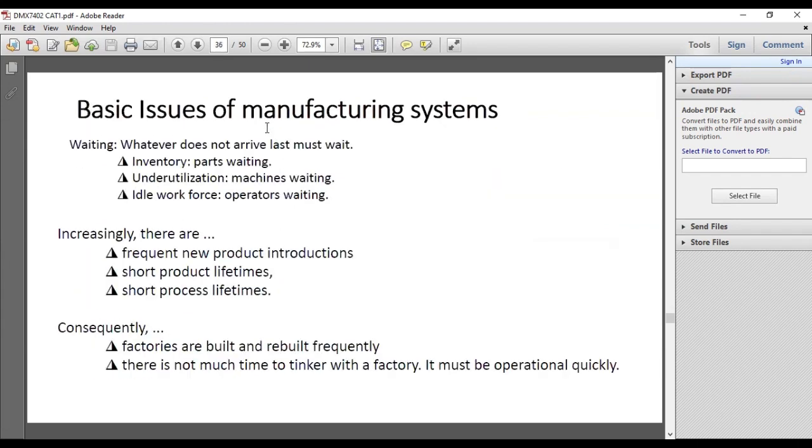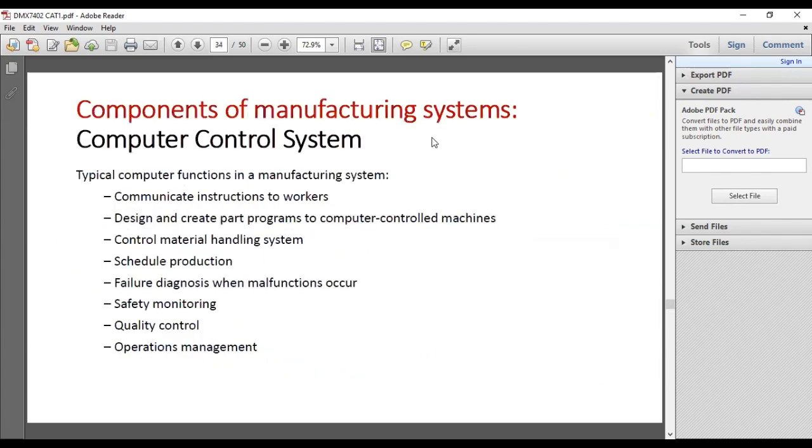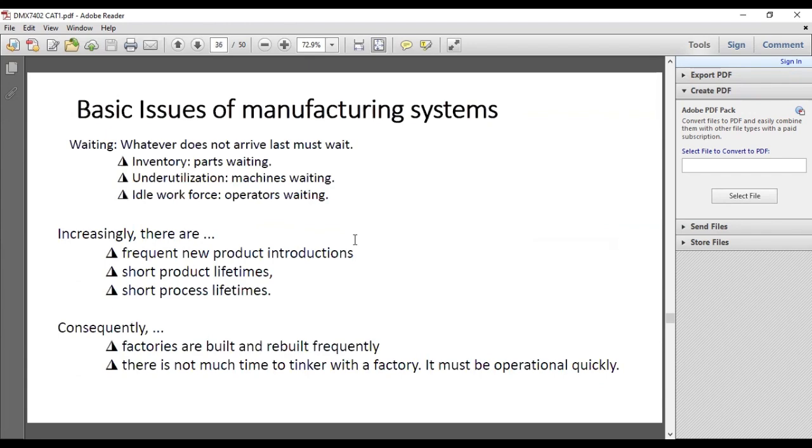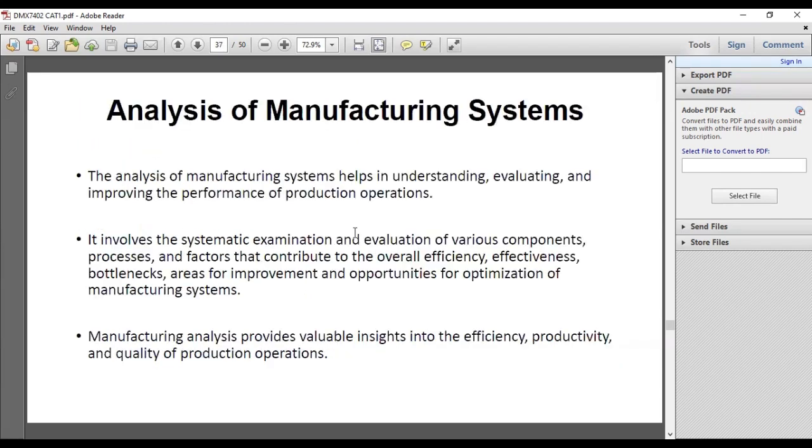So actually we stopped yesterday from here. To understand this, you will need to read all this. As we are studying the analysis of manufacturing systems, we analyze in order to identify problems.